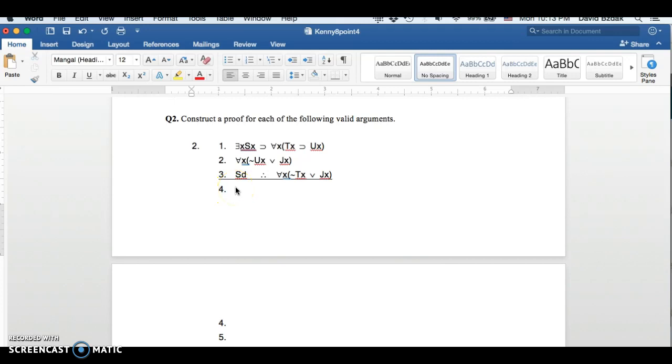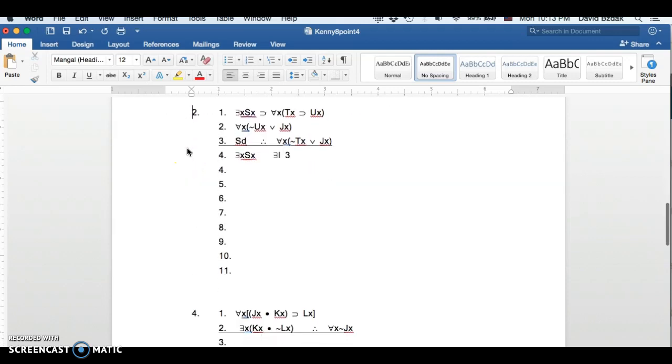Okay, so we can get some x, Sx, here on line 4, justified by existential introduction of 3. I'm going to move this all down here so it's all on the same page.